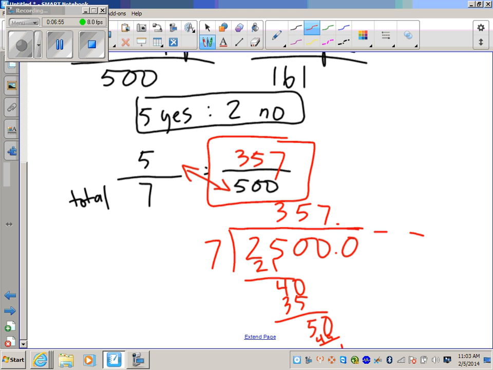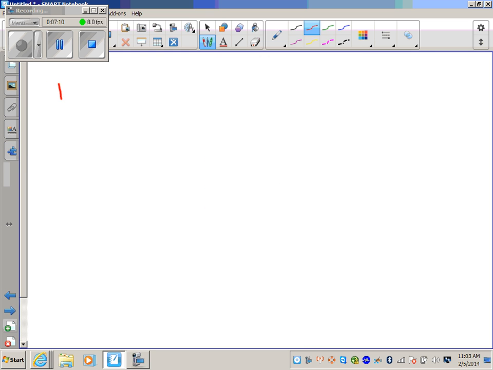Okay. Let's go to guided practice, page 227. Use these data for exercises 1 and 2. All right, so let's write down some of this information like we did.